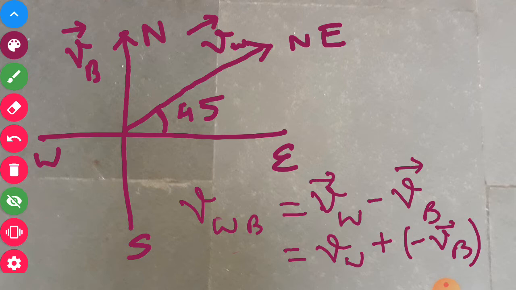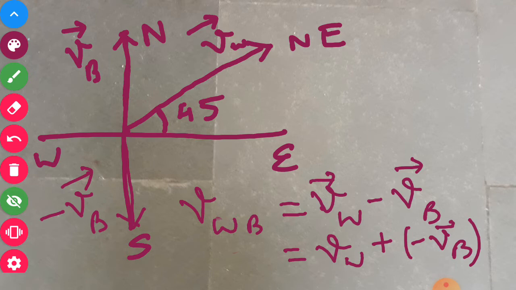If you show the velocity of boat in the upward direction towards north, then the minus velocity of boat will be in the direction of south. Okay, why have we done this? Because we want to use the law of parallelogram.